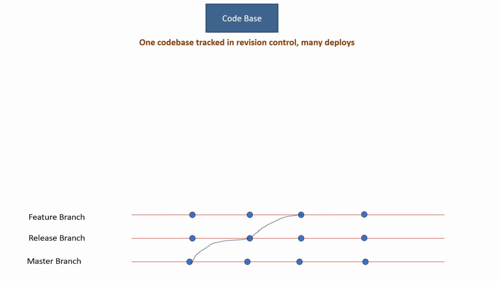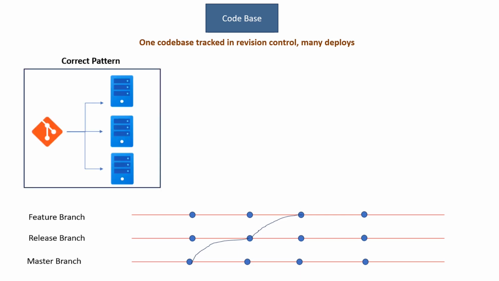But when you deploy this code, you are deploying one code base to multiple instances. Suppose you have an e-commerce application, you should have only one code base for that, and from that one code base, you can deploy it to multiple environments.